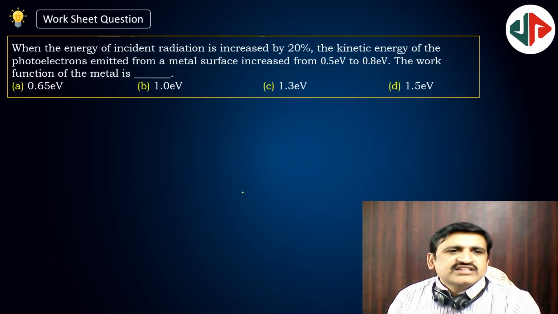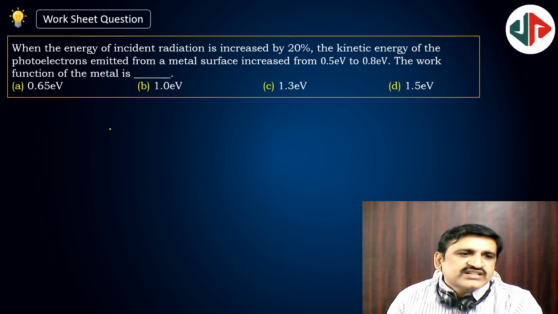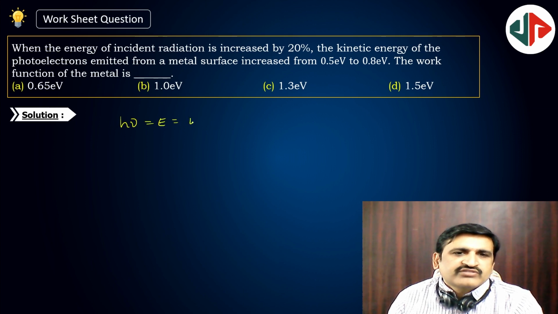When the energy of incident radiation is increased by 20%, the kinetic energy of the photoelectrons emitted from the metal surface increased from 0.5 to 0.8. The work function of the metal is equal to? Incident energy h nu equals work function plus kinetic energy K1.